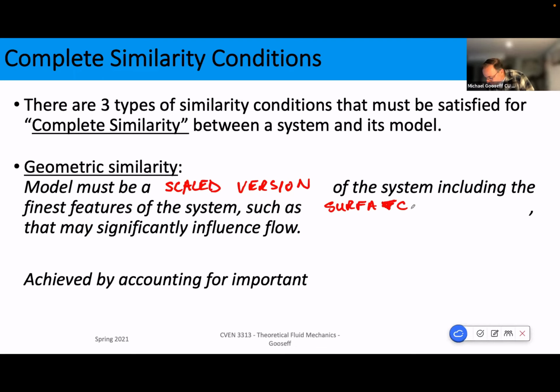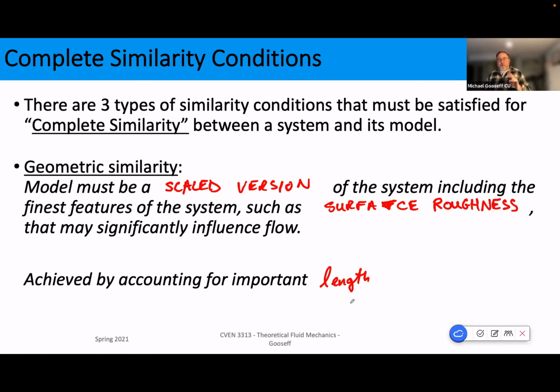It's weird, surface roughness. That may significantly influence flow. This is achieved by mostly accounting for important lengths, right? The length dimension of the model and the real world system, 1/10, 1/20, whatever it's going to be.